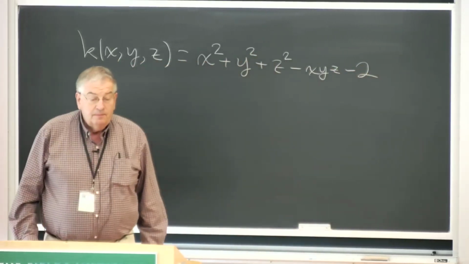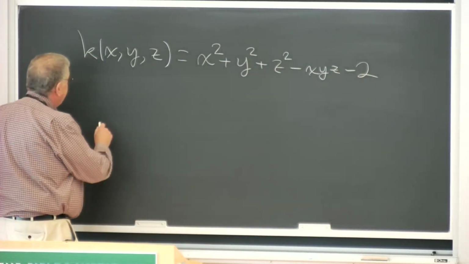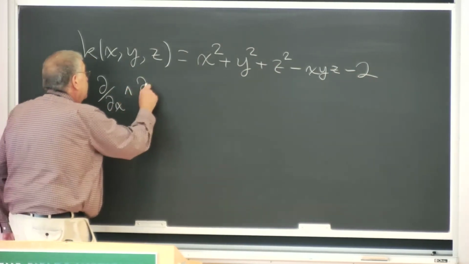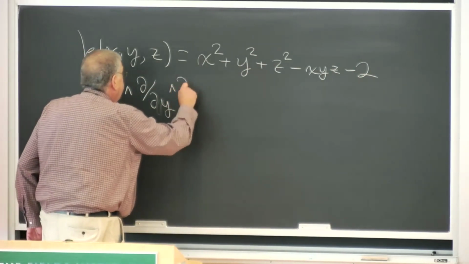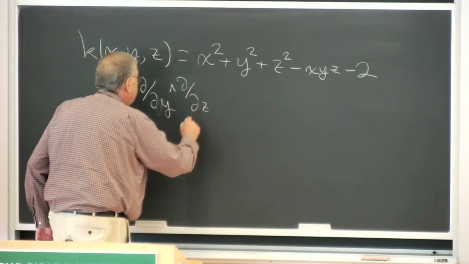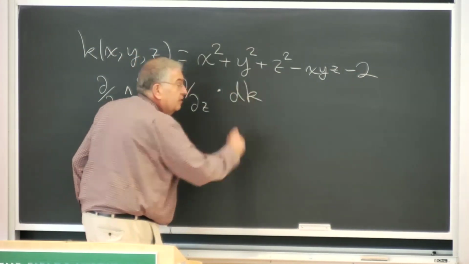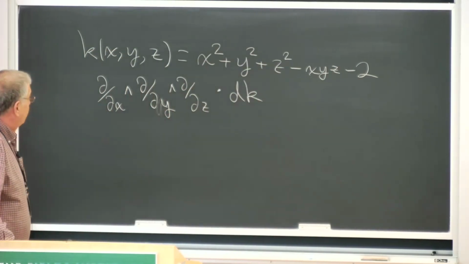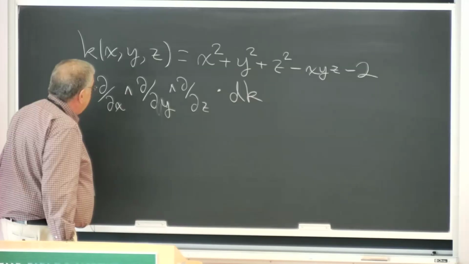And the Poisson structure is given by a bivector field, which is obtained by taking the volume 3-form, 3-vector, and taking the inner product with the differential of K. And so this is a fascinating Poisson manifold, and I'd like to advertise it.